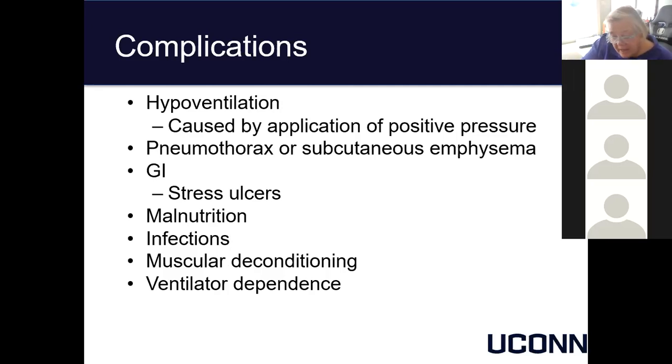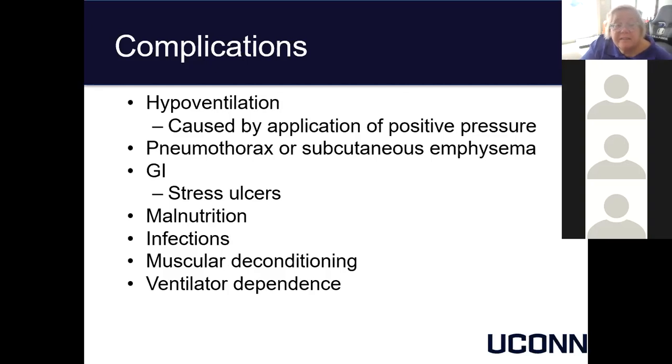We talked about how stressful this is on the GI system. So patients should be on PPI prophylaxis, as should many hospitalized patients. If you have an endotracheal tube in, you cannot feed by mouth.